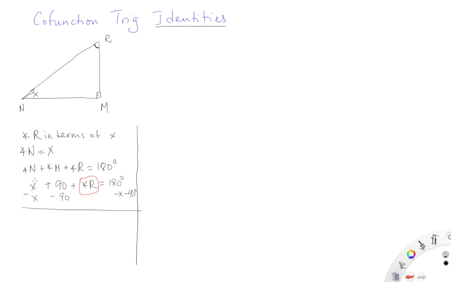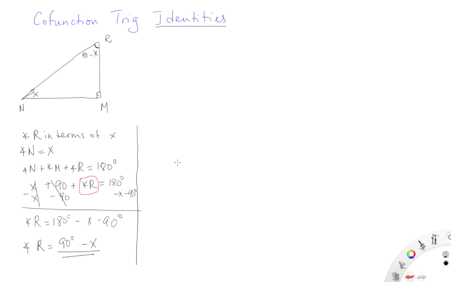What do I get? Here these cancel out. I get angle R is equal to 180 minus X minus 90. Therefore, angle R is equal to 180 minus 90, which is just 90 degrees minus X. So this is the answer to the first question. R expressed in terms of X is equal to 90 minus X.